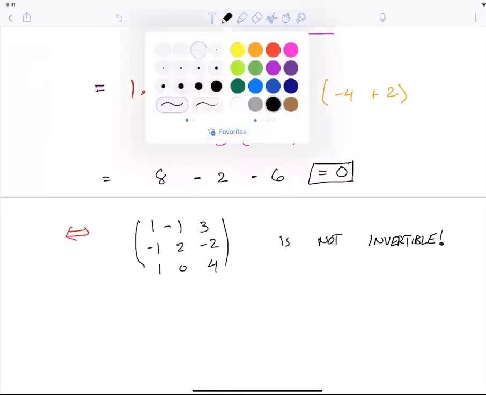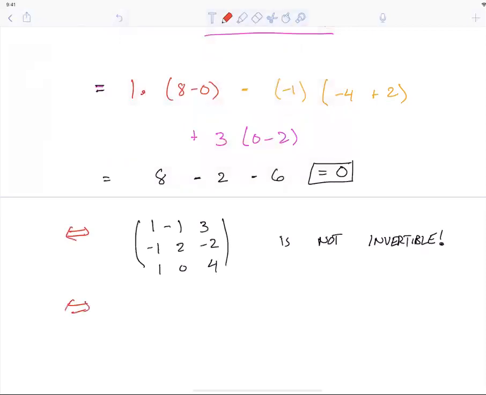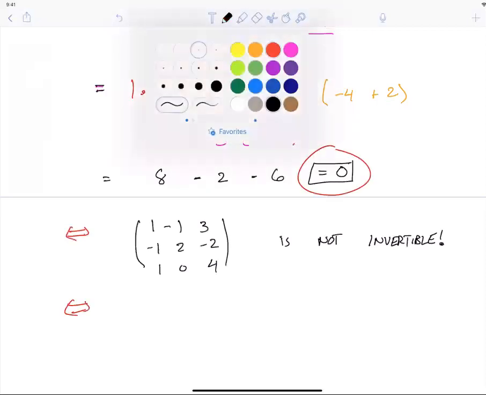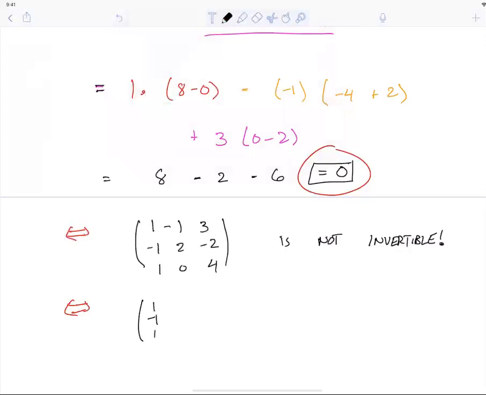And it also tells us that because we had a 0, these columns are not linearly independent.